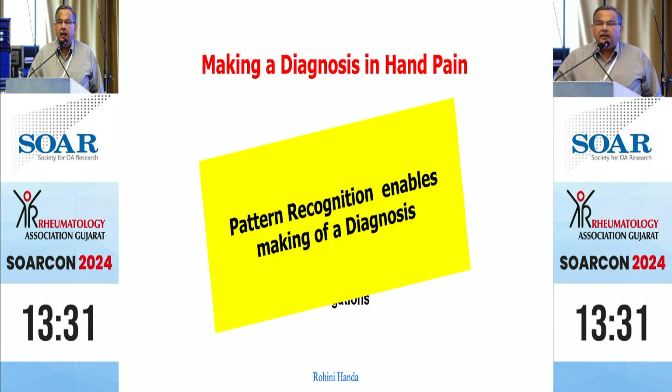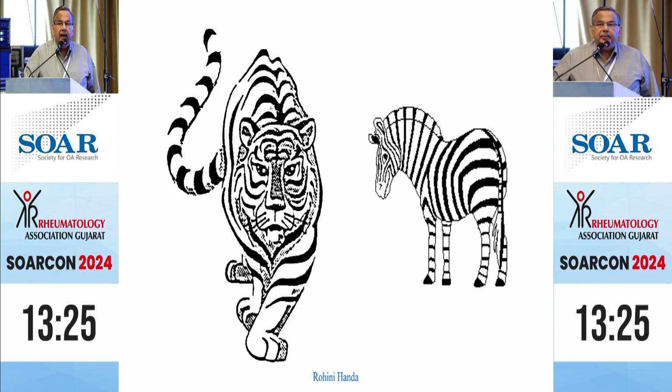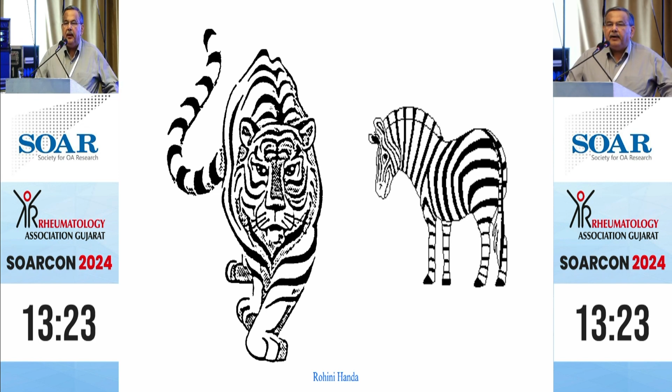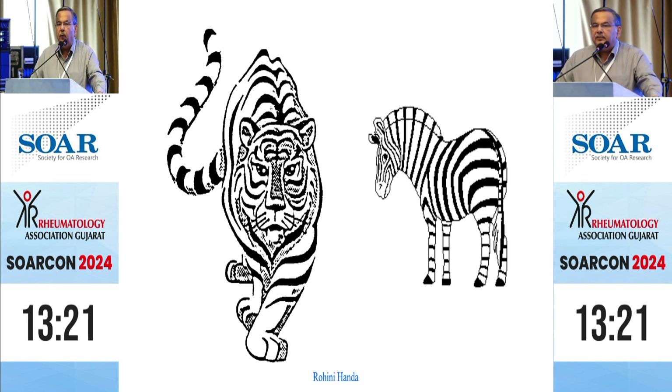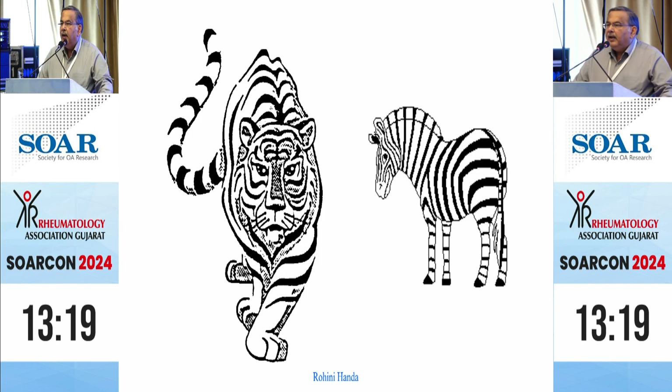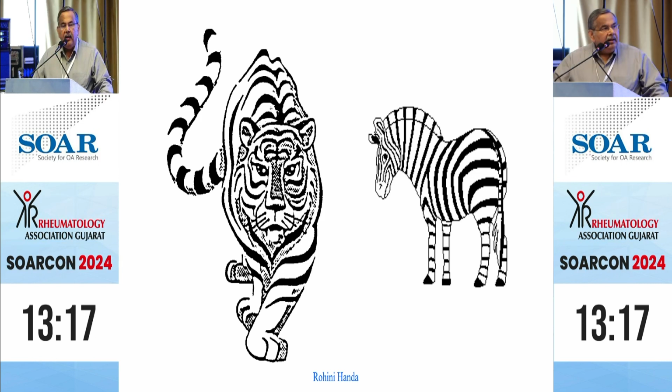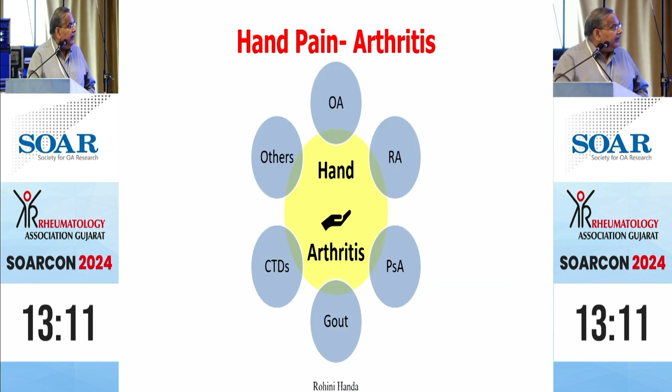Pattern recognition for the uninitiated is something like looking at these striped animals, and you don't need to be a wildlife expert to know that one striped animal is a tiger and the other is a zebra. Much in the same way we recognize patterns, and hand pain is no different.